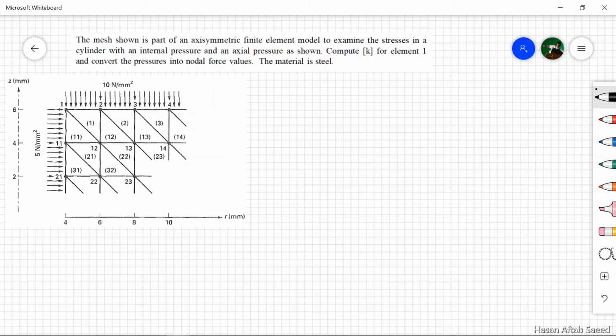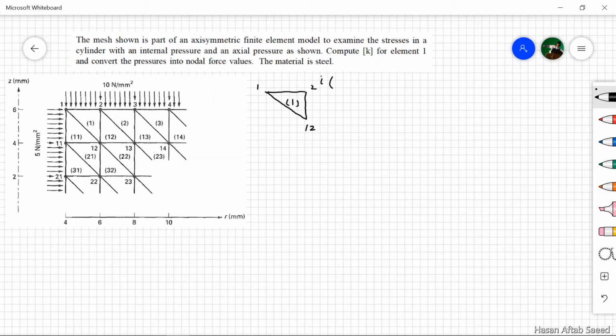First of all, let's draw this element 1. We're talking about element 1 here, and the nodes are 2, 1, and 12. The main thing is that we need to specify the ijk nodes counterclockwise; it doesn't matter where we start. Let's call node 2 the I node.